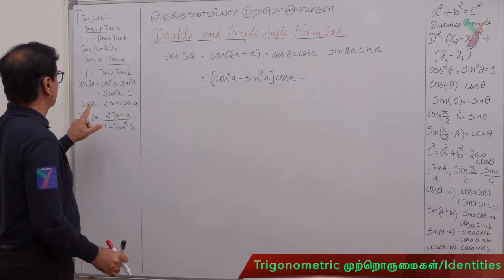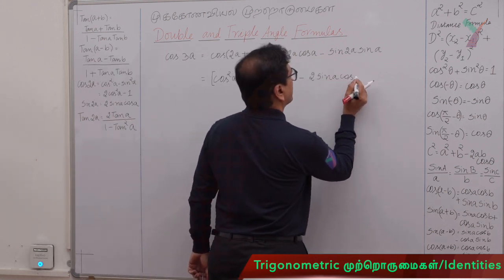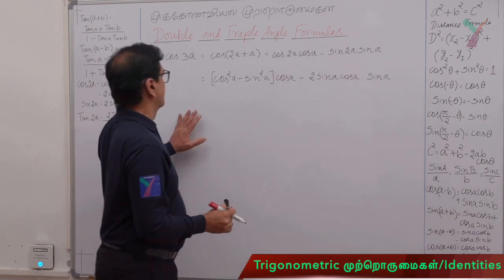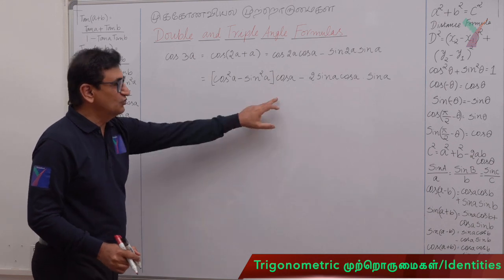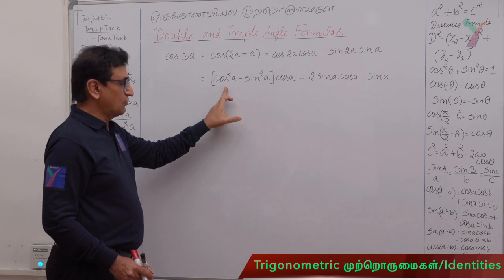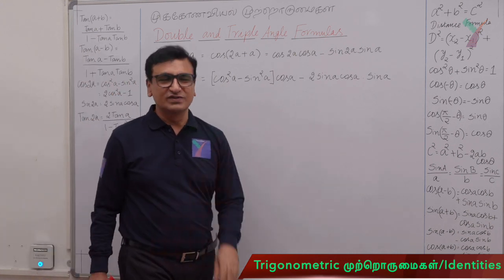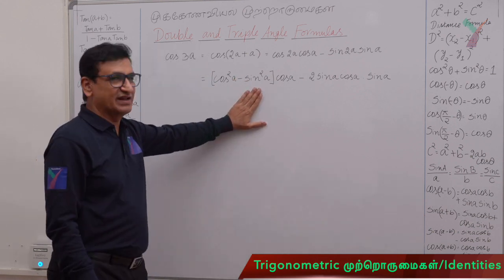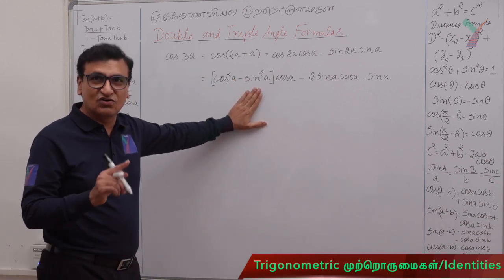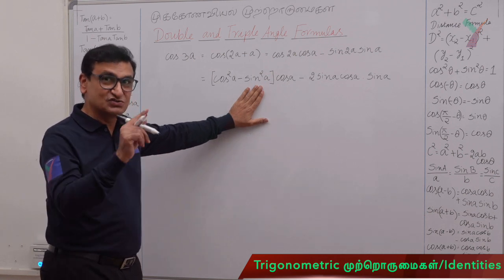Sin 2A is 2 sin A cos A. Next, I am going to multiply the whole thing inside. So I will get cos cube A minus, okay, why don't we do one thing? Instead of sin square A, let me write it as a cos term. So instead of sin square A, I can write it as 1 minus cos square A, correct?